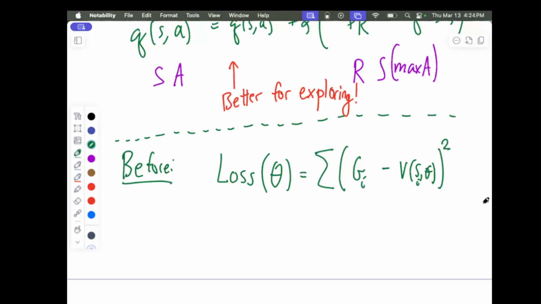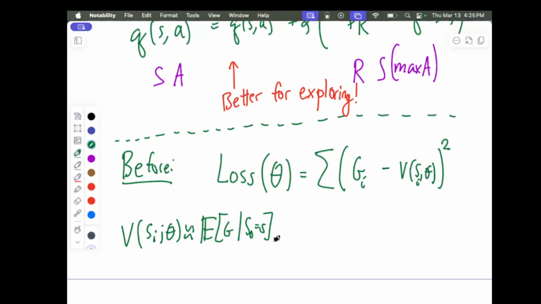We said we want the function V to be matching the average value you get from state S. So we want to find parameters theta so that V of s_i, V of s_i semicolon theta, is approximately the expected value of G given s_0 equals s. That's what we want. Of course, in real life, we can never find the true expected value.